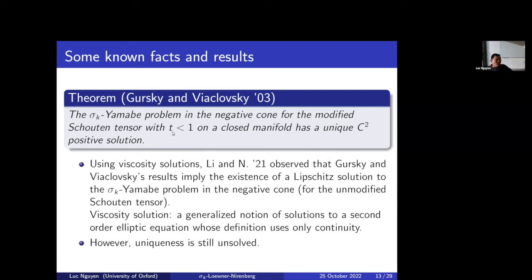Equivalently, if we know that the solution is C2, then it's unique. But so far, we only know that there is a Lipschitz solution. We don't know if it is the unique solution.